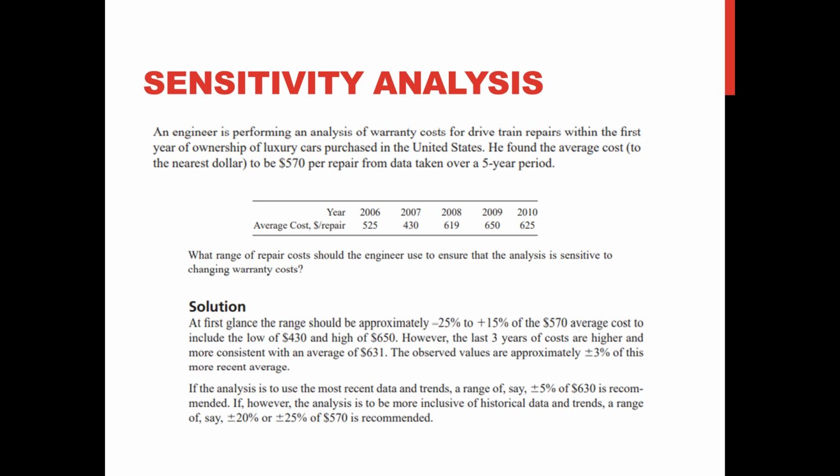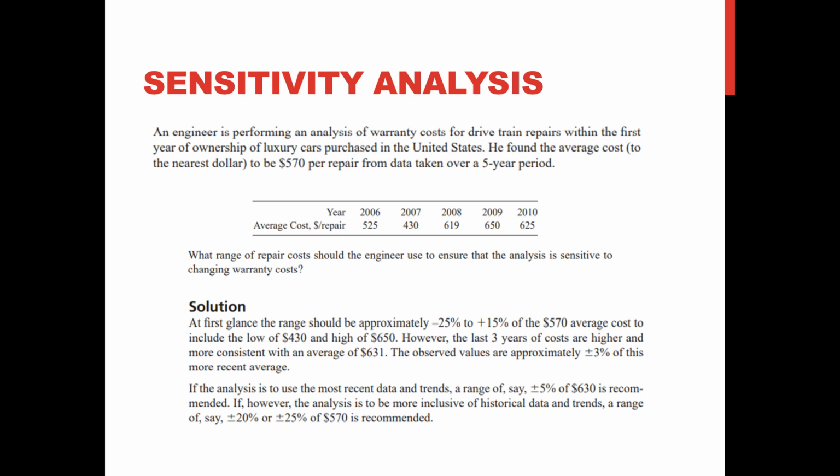So solution, at the first glance, the range should be approximately negative 25% to positive 15%, basing dun sa average na 570. For example, yung pinakamababa is 430, ano? So just subtract 570 minus 430 divided by 570.